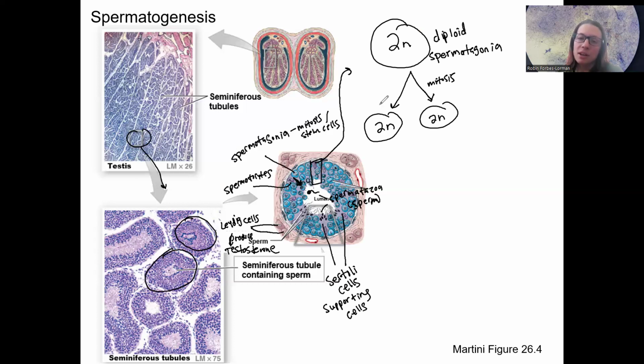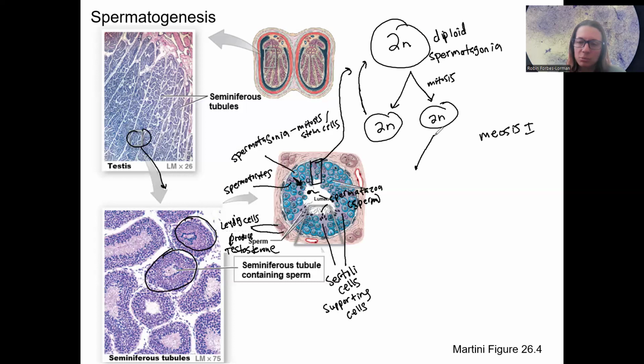When this happens, one of these cells stays and becomes part of the population of spermatogonia that stays in that outer layer that we need to have to produce more in the future. This second offspring goes through meiosis. So first we have meiosis 1.